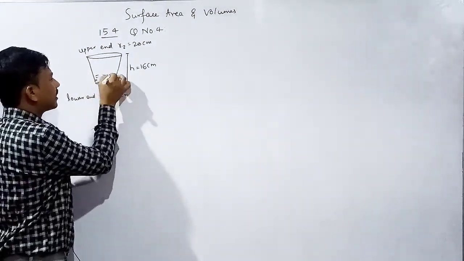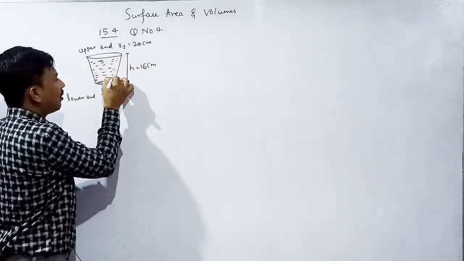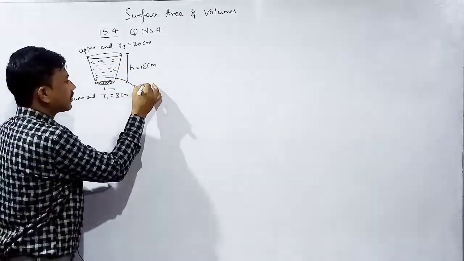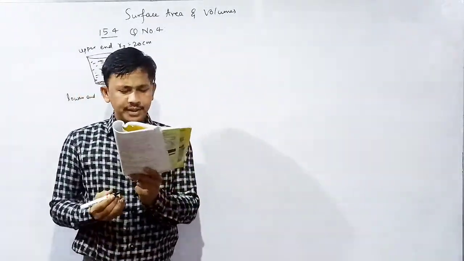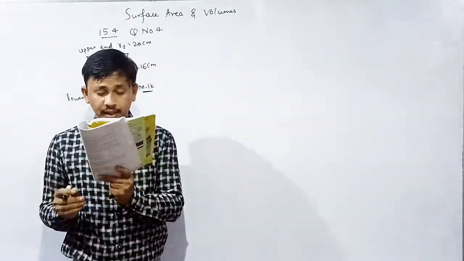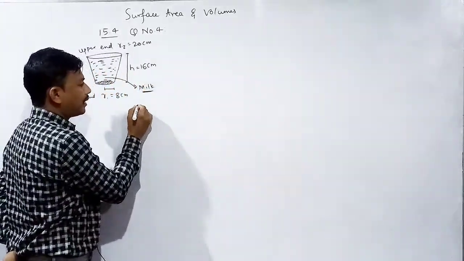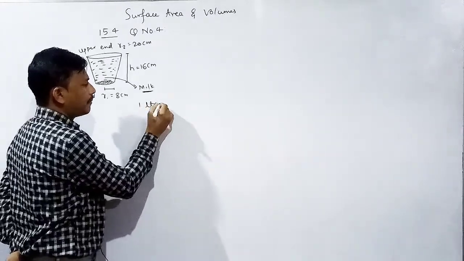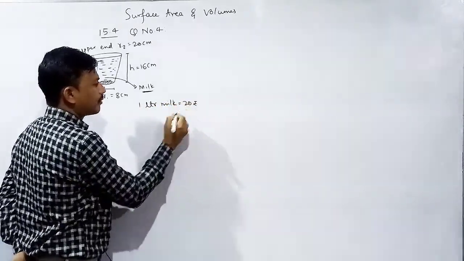Okay, inside the container there is a product of milk or just milk. Yes or no? We need to find out the cost of the milk at the rate of 20 rupees per liter. 1 liter milk is equal to 20 rupees.